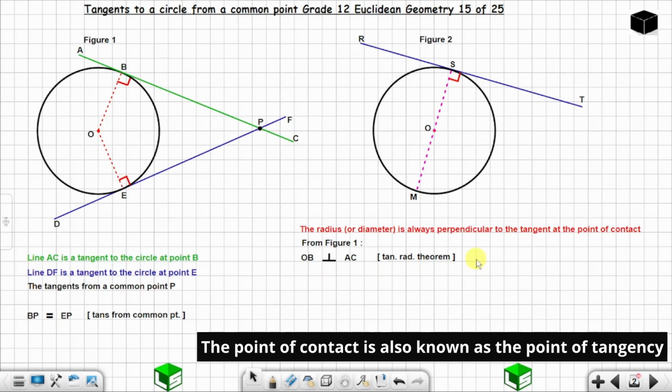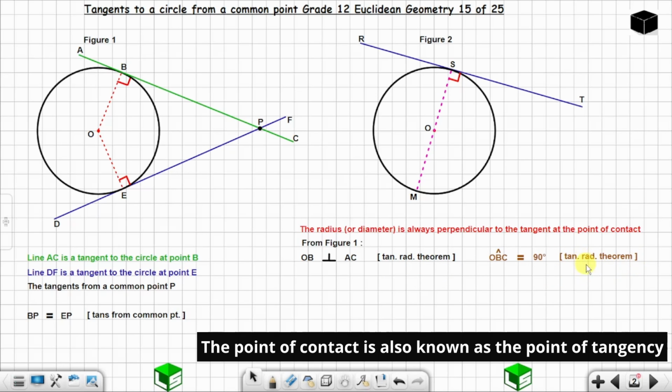You can also say angle OBC, this angle OBC is equal to 90 degrees. The reason is you have the tangent radius theorem.